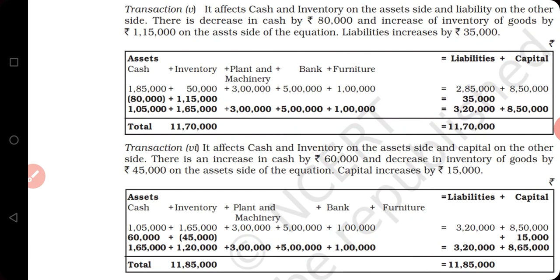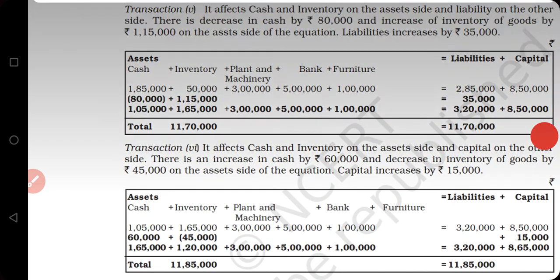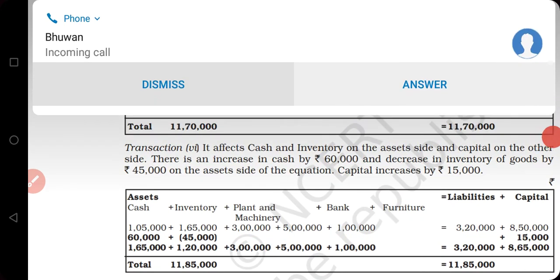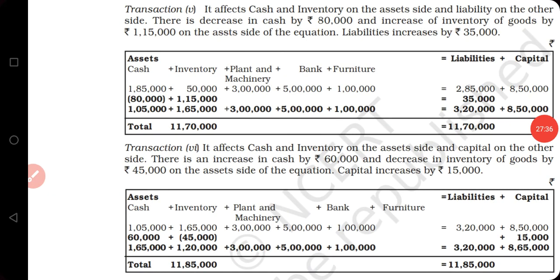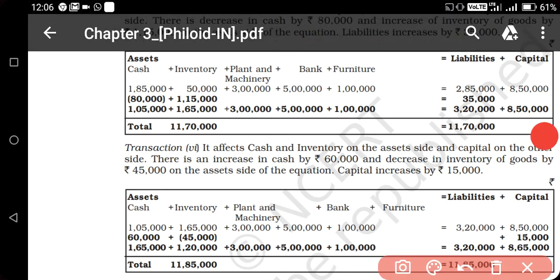So see here, 1,15,000 we are writing under the inventory, including the 80,000 and 35,000.